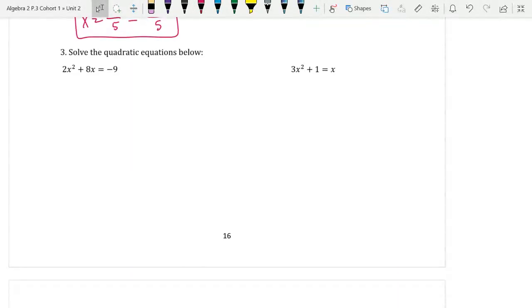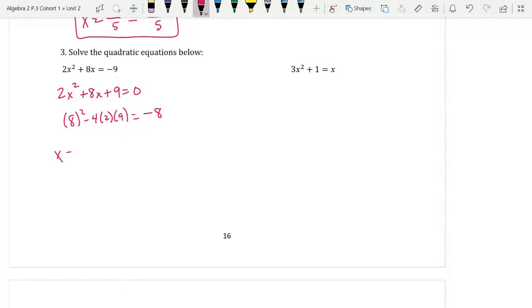So for number 3, it's not in the right form. I want it to be equal to 0, so I'm going to do that first by adding the 9 to both sides. If I do the discriminant, the discriminant for this one becomes negative 8. That tells me I should have 2 complex solutions.